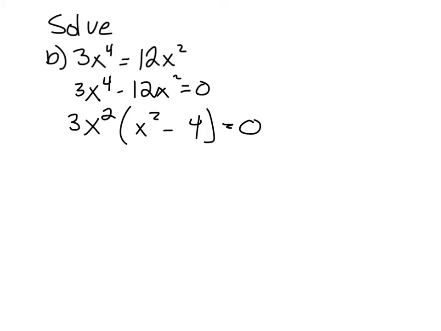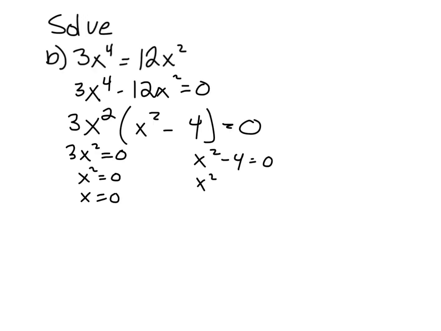Alright, so now if I set both of the terms equal to 0, so I'll have 3x squared equals 0. If I were to divide both sides by 3, I'd get x squared equals 0. And if I were to take the square root of 0, it's 0. Alright, then over here, x squared minus 4 equals 0.